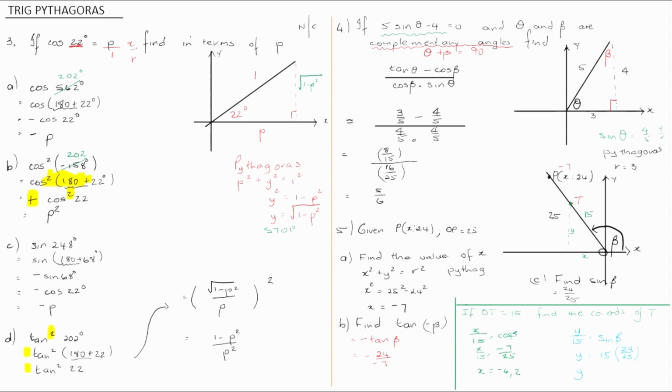So y is equal to 14,4. And then squashed in the corner here, T is going to be negative 4,2 and 14,4.